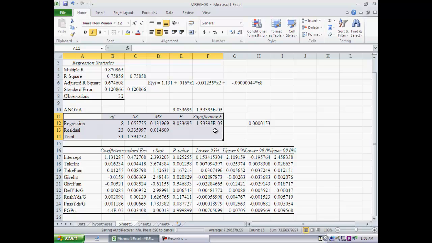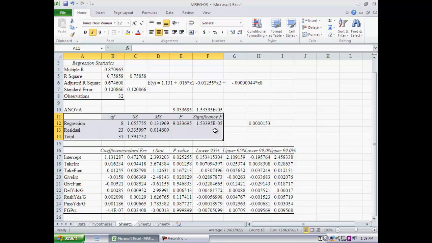It could very well be that one or more of the independent variables are not very useful. So the next step would be, all right, these 8 variables collectively are statistically significant. They help explain the dependent variable y. But can I get a more parsimonious description, a more parsimonious relationship?